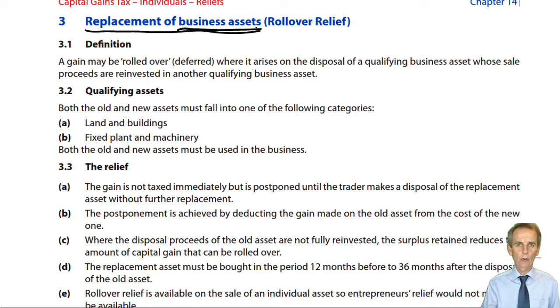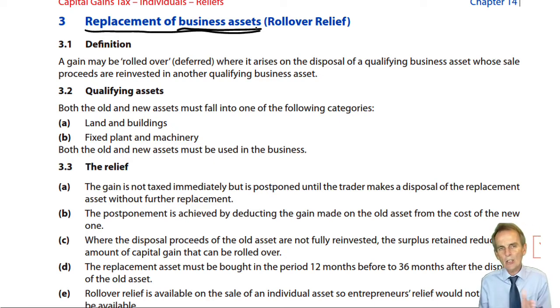And at some future point, maybe they've expanded the business and the current business premises aren't big enough. So we need to expand and we need to acquire bigger premises. So what do we do? We sell the old premises and buy the new business premises to continue our business for the future. So what will have happened is the sale will have given rise to a chargeable gain.